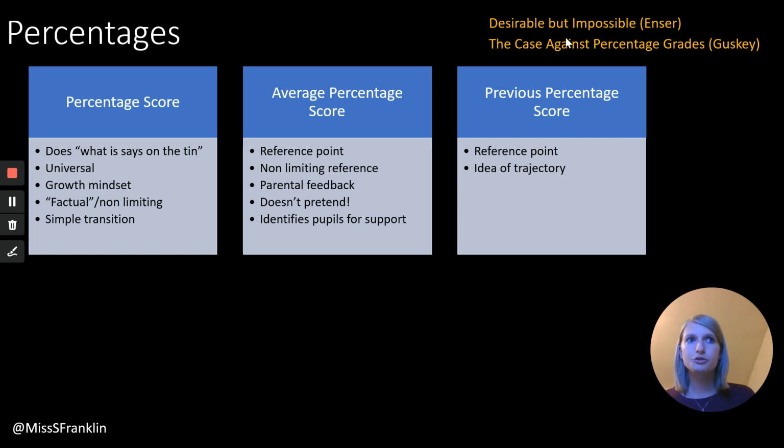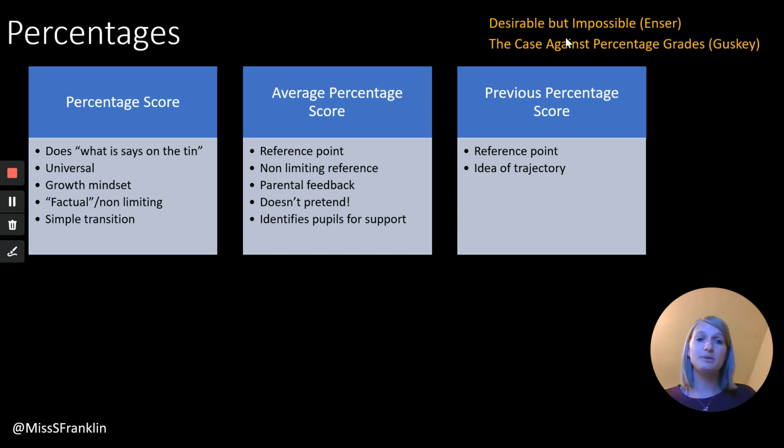And whilst I do want to move away from a system which is focused on comparing myself to the pupil sat next to me, because again, I want them to grow into a system where they are improving for their own intrinsic motivation, it was important that was very clear from parents as to what they wanted.